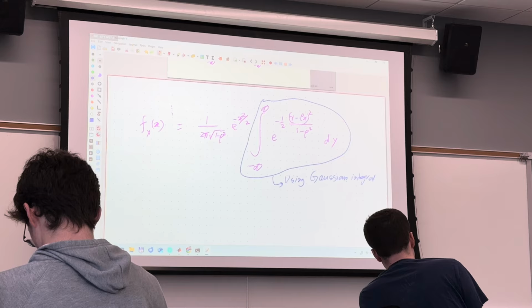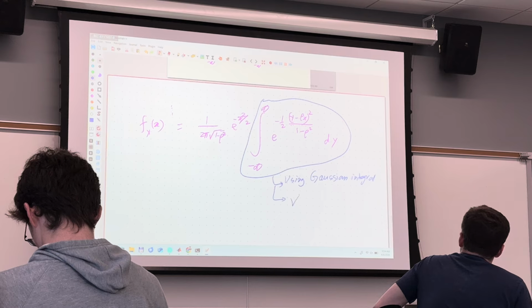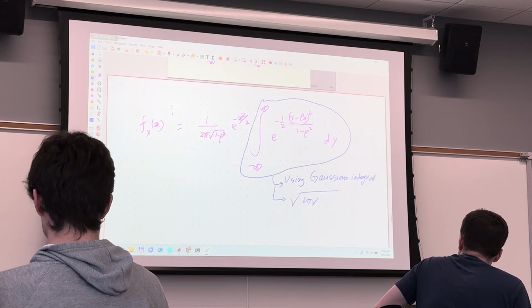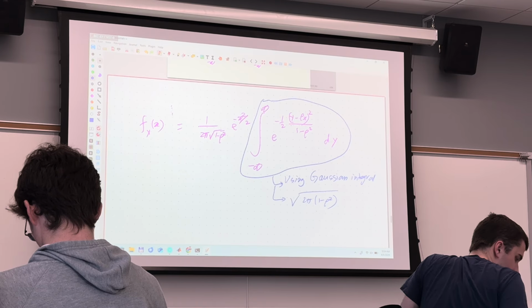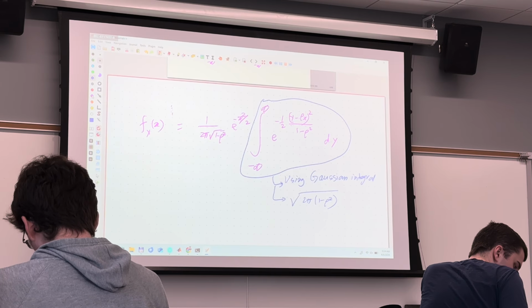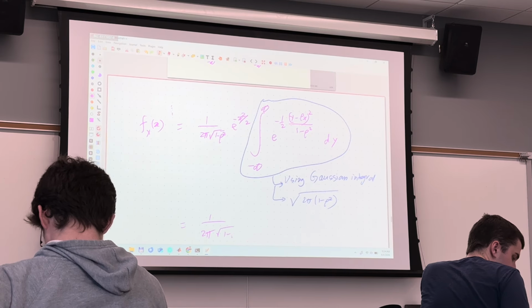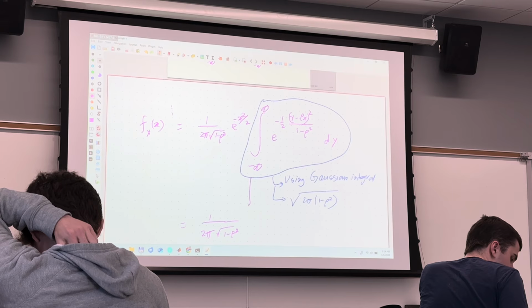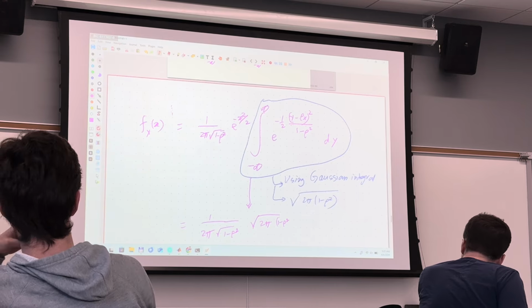Using the Gaussian integral, this part is basically square root of 2 pi times square root of 1 minus rho squared. So you will see here 2 pi square root of 1 minus rho squared, and then this part becomes, using the Gaussian integral, square root of 2 pi times square root of 1 minus rho squared.